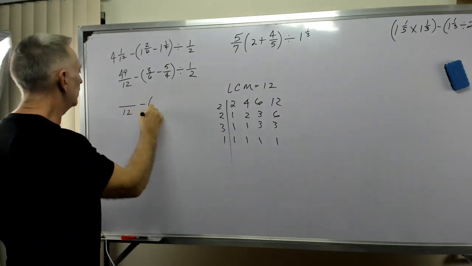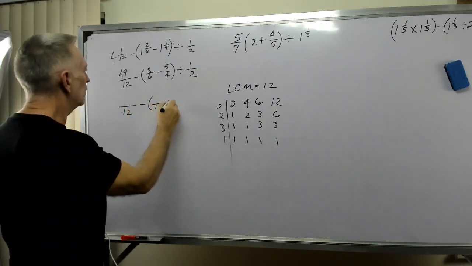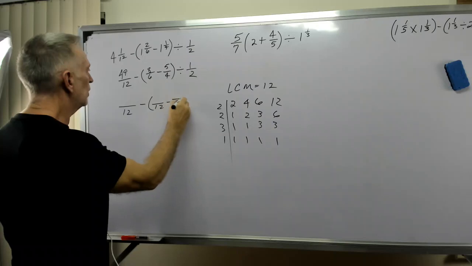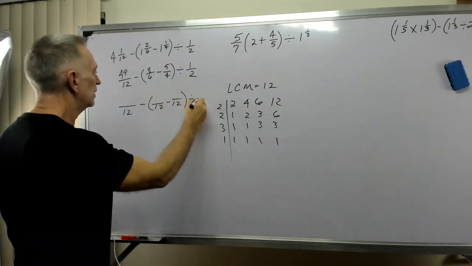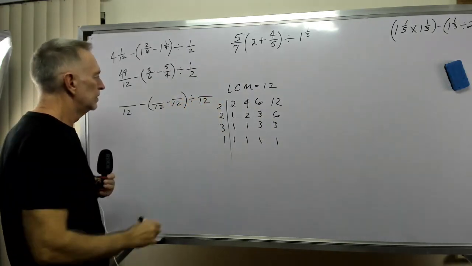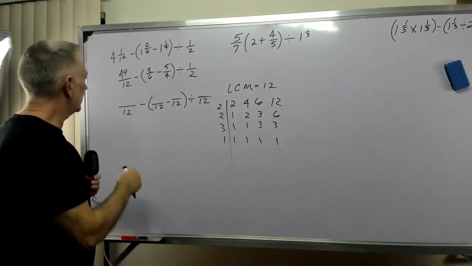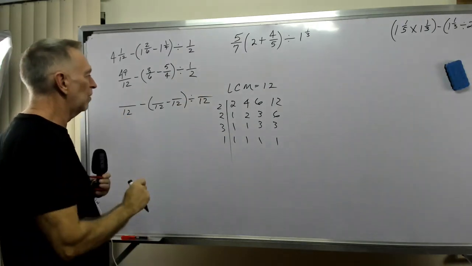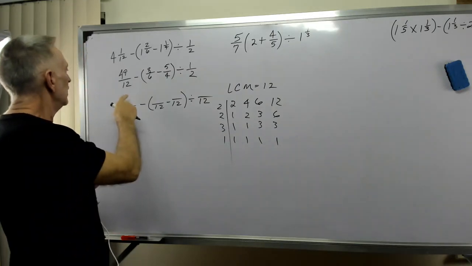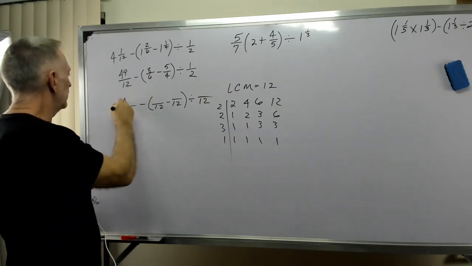Now I have all of these I'm going to put over 12. And maybe you think, well, I don't want to do that, but let's just do it anyway. You didn't have to. You could have left that 1/2. Okay, 49 over 12.